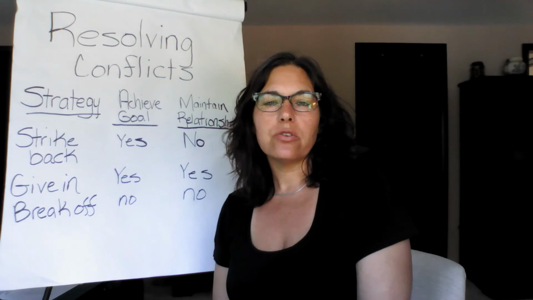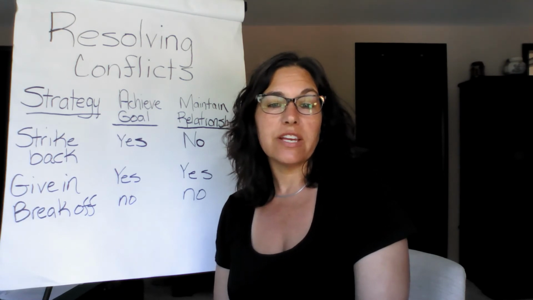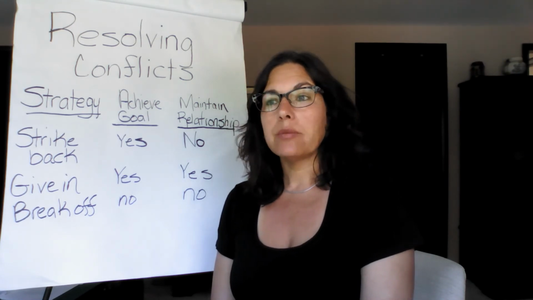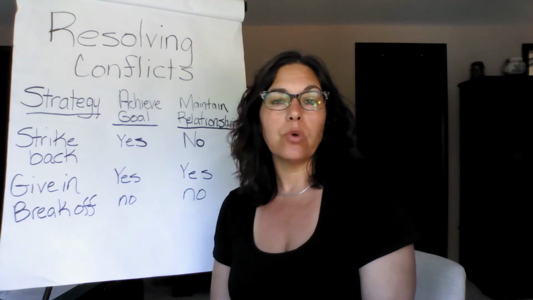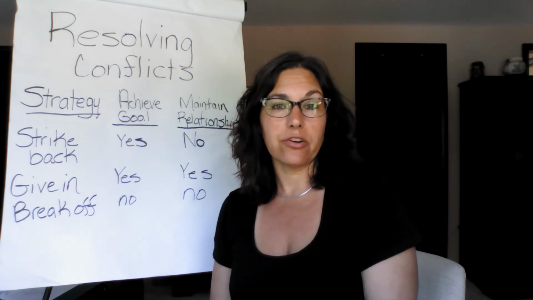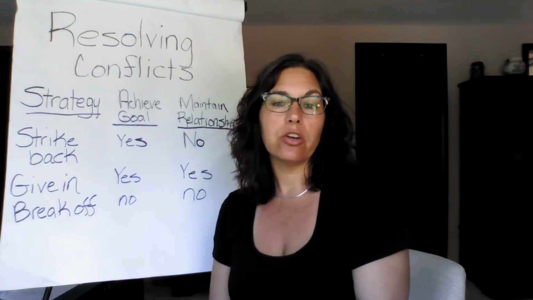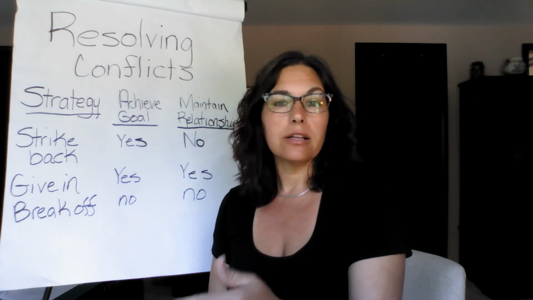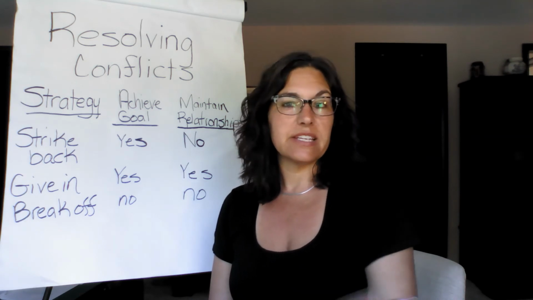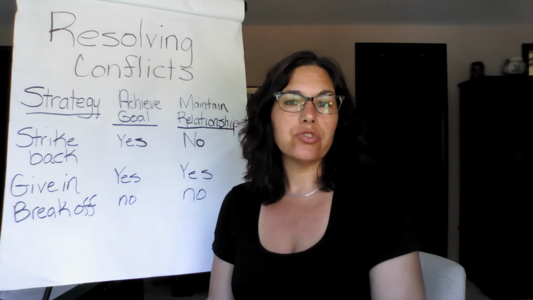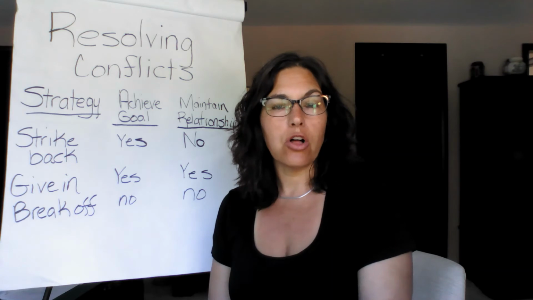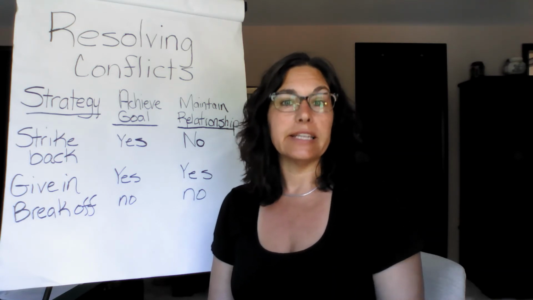The next strategy or action you can take when you have a conflict is to break off. Breaking off happens when you want to avoid a conflict altogether and you don't even want to engage in a conversation about it. So by breaking off, you either leave the room or you leave the scene altogether. Whatever it is, you don't engage in the conflict at all. You just immediately leave.